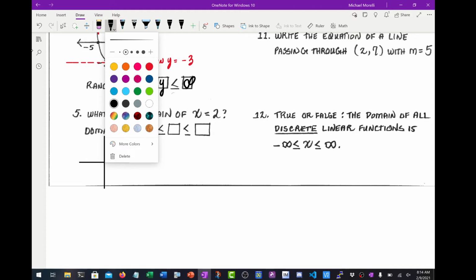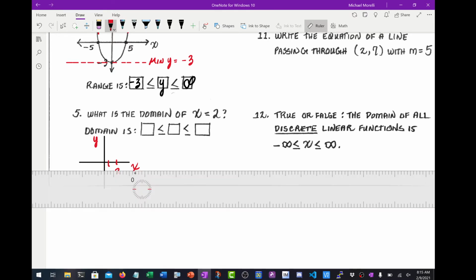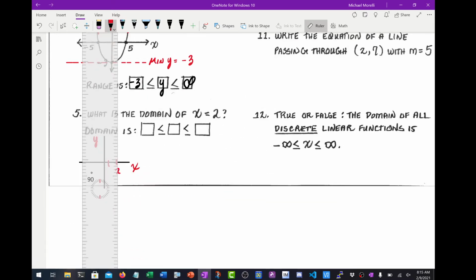Let me just show you. So we have like 1, 2 on the x-axis. This is the y-axis. This is the x-axis. Here is 2. And x equals 2 is just a perfectly vertical line. So the graph looks like this.